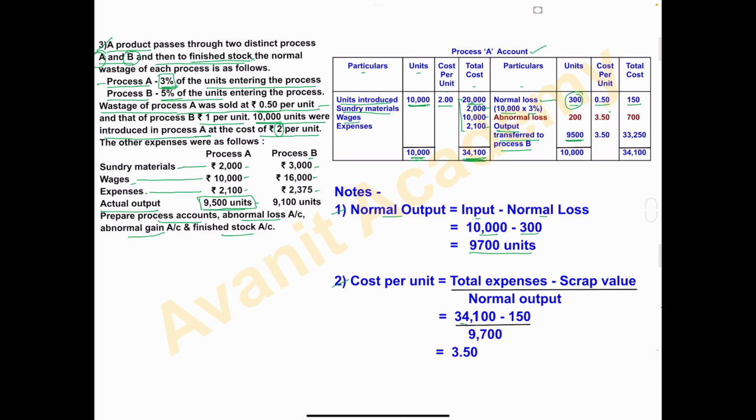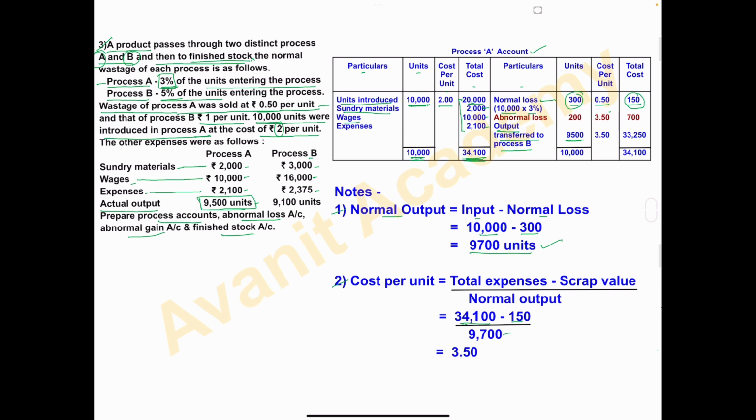Total expenses is 34,100 minus scrap value. Scrap value is 150. So write here 150, divided by normal output. Just we have calculated normal output in note number 1. That is 9,700 units.